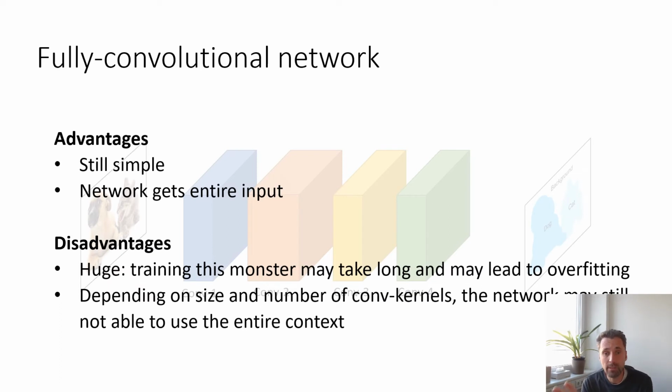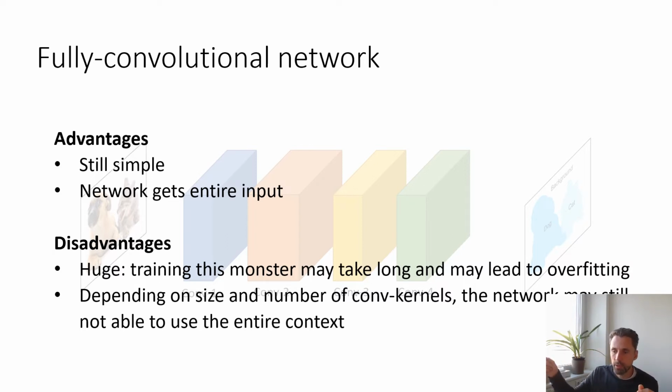Okay, so obviously the network now sees potentially the entire input. I'm saying potentially because given your choice of convolutional kernels and how many layers you configure your network to have, you may not see everything, right?